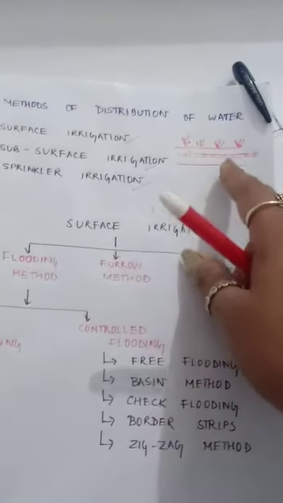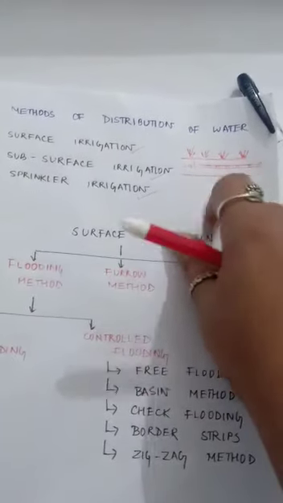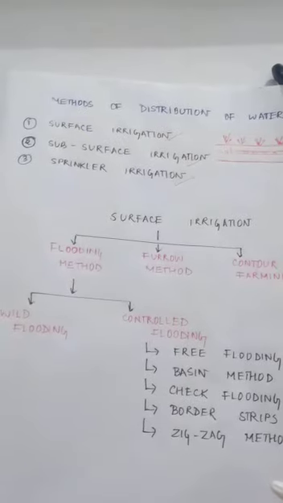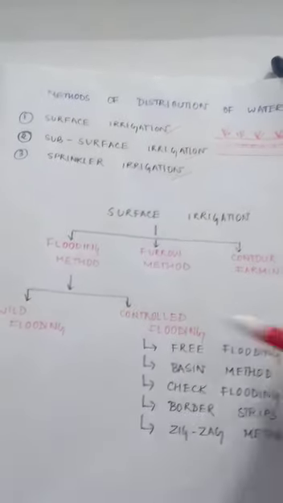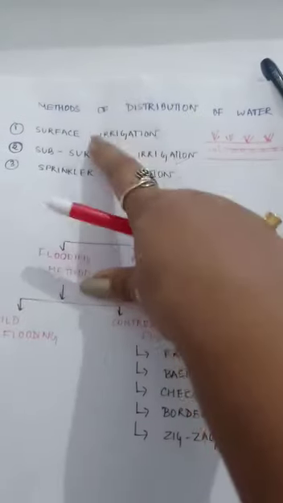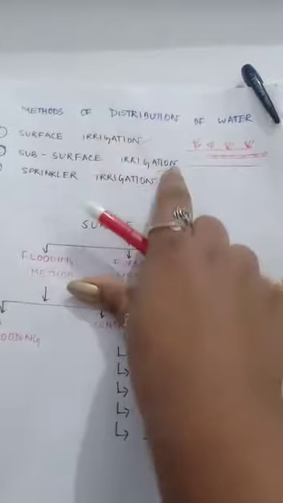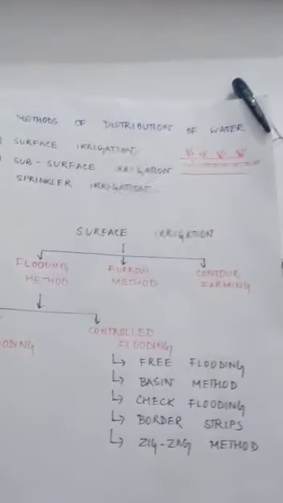The moisture reaches the plant roots through capillary action. That comes under subsurface irrigation. Clear? So it is clear what surface and subsurface are. Surface is water applied on the surface of the soil, and subsurface is beneath the soil.